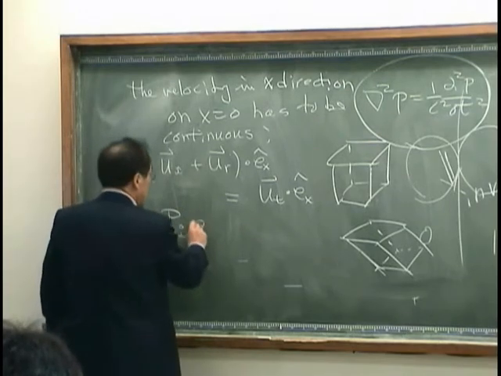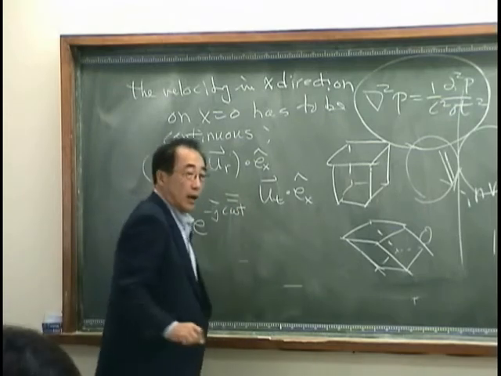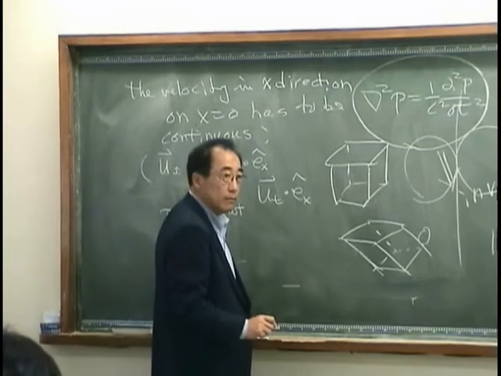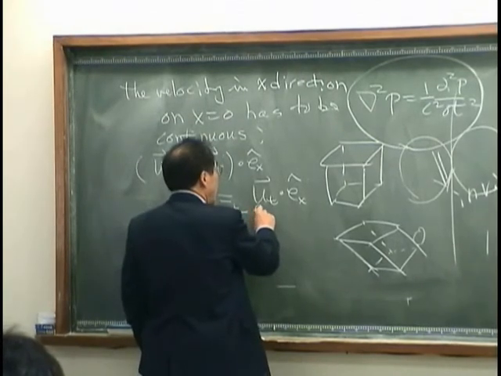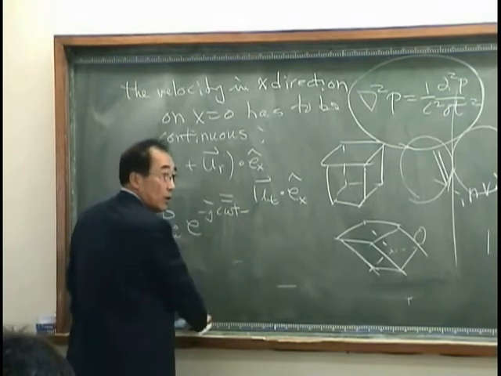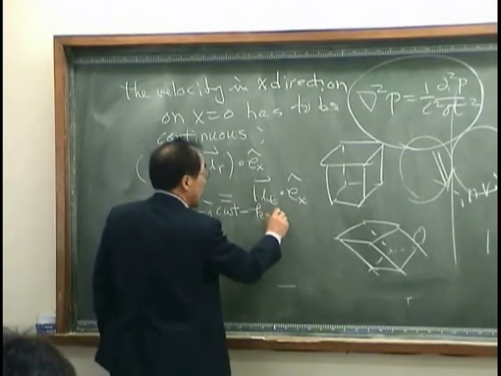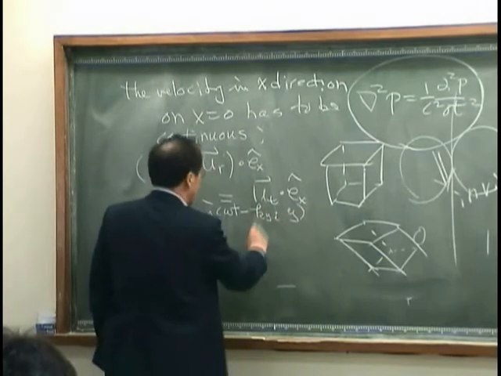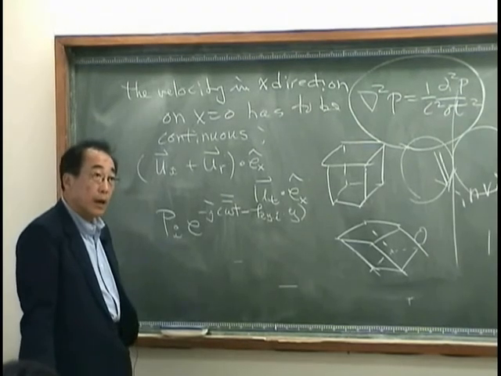P_i exponential minus j omega t, and I have minus k_ix x, but on x this is 0, and k_iy y, that is the pressure. Okay?